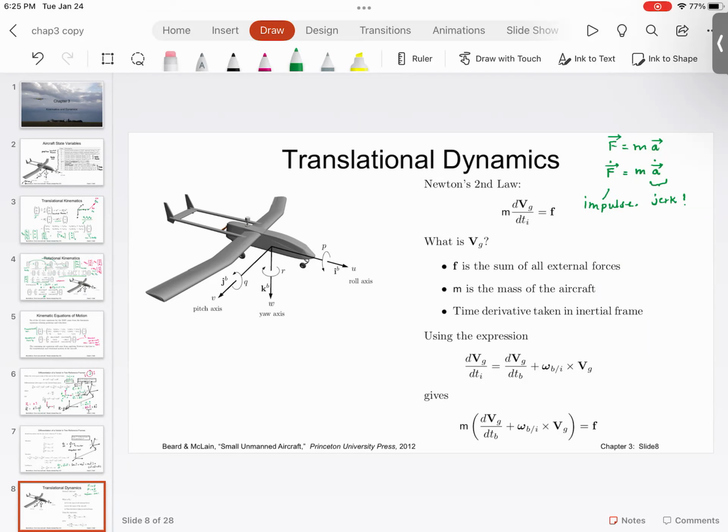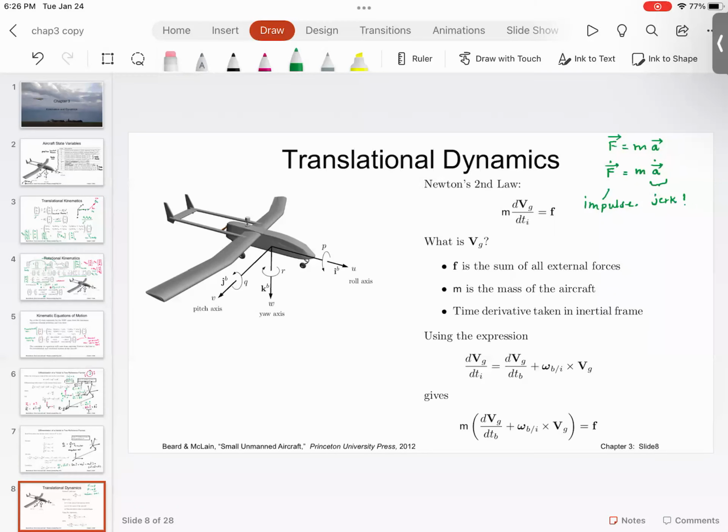Okay, thank you. Now, the strict definition of Newton's second law deals with momentum. It could be linear momentum or angular momentum. What is linear momentum? Linear momentum is mass times velocity. The rate of change of linear momentum is equal to force.